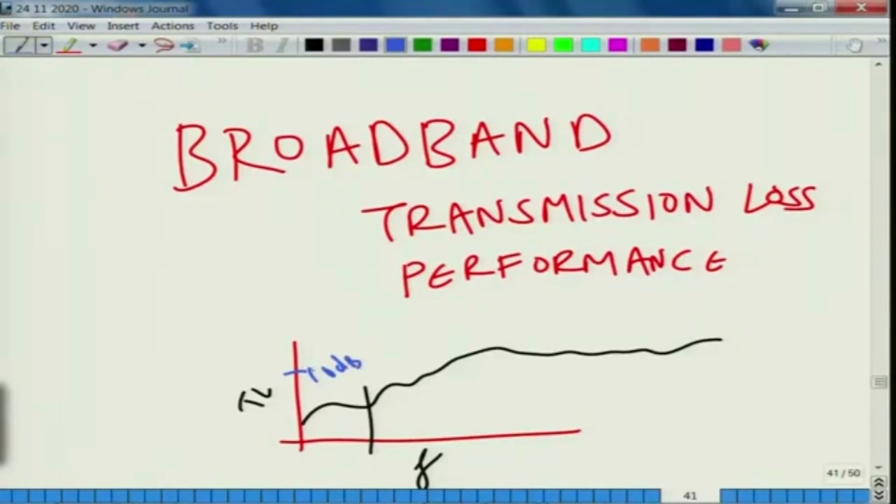So beyond a certain frequency you are guaranteed to get at least 10 dB of noise reduction, and there is no chance of the muffler failing at any frequencies beyond this, because the transmission loss or the attenuation performance is never 0 beyond a certain frequency.